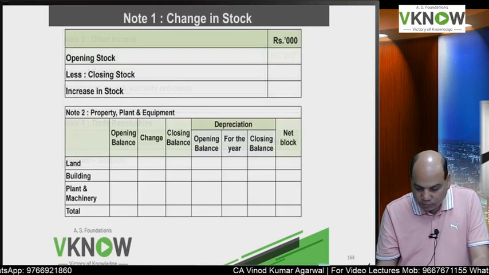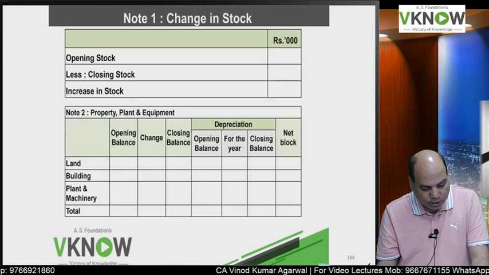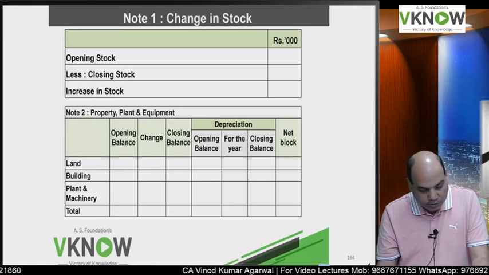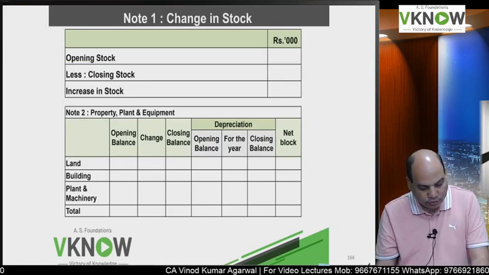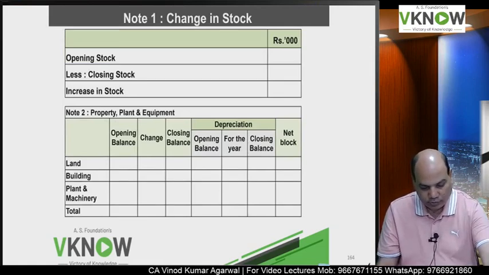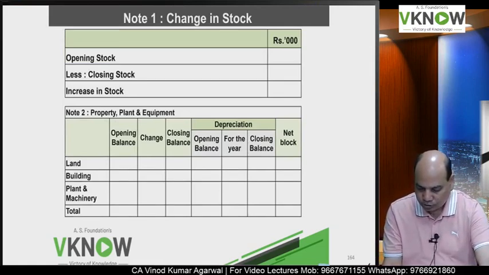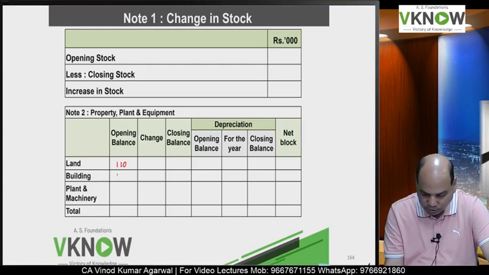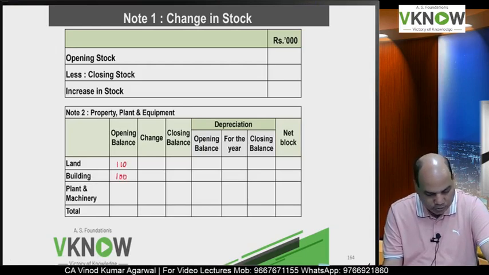Then we'll come to note 2, property, plant and equipment. Property, plant, equipment, you will write land opening balance, you will write rupees in 1000, so 110. Building 100. Wait.